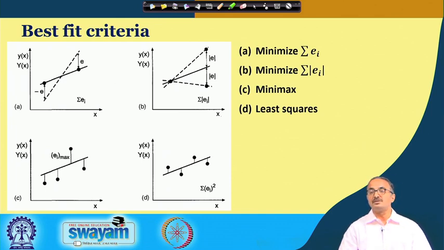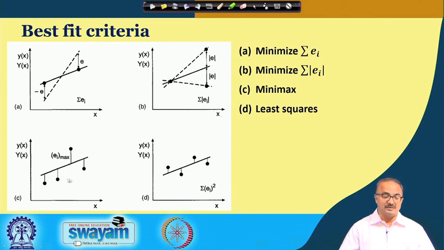In that case, it would look as if the regressed value and the actual value are matching perfectly, but that is not the case. So we have to devise some other way. One way is that we minimize the total of the absolute values. Whether it is positive or negative, we take the absolute values and then sum them up. This is another way of doing this fitting.